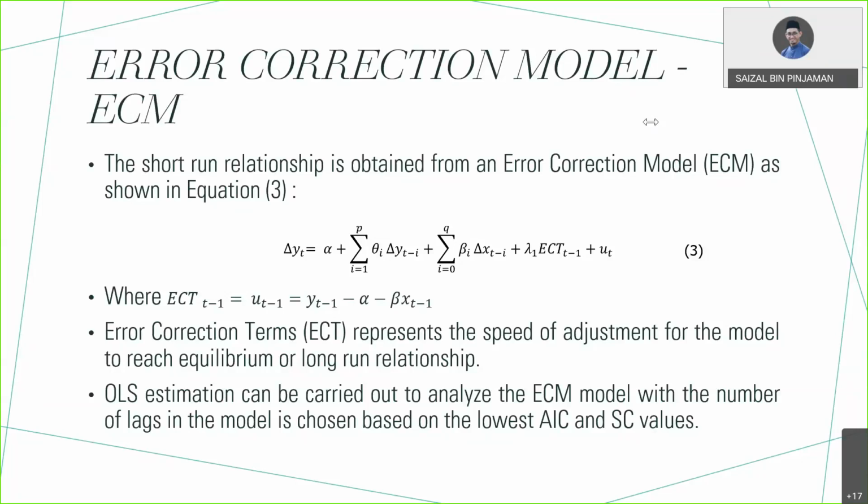But keep in mind that the ARDL model can only be used when our variables are I0 and I1, and it cannot be extended to I2. In other words, if there are variables that are stationary at the second difference, we are no longer able to use the ARDL model. That is an important assumption of the ARDL model as well.